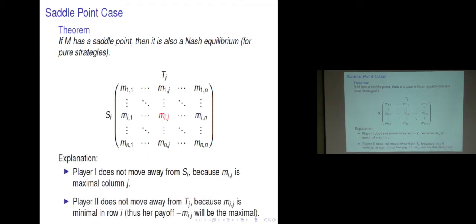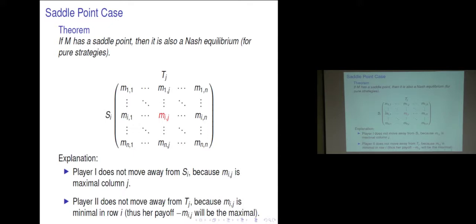Now player two, how about her? Does she have an incentive to move away from this spot? Well, no, because M_ij is the minimum in row i. However, this is the payoff matrix for player one, so for player two, her payoff is the negative of this.